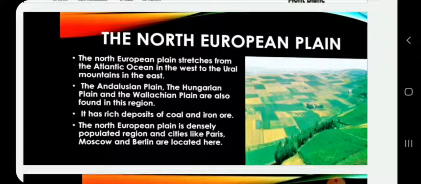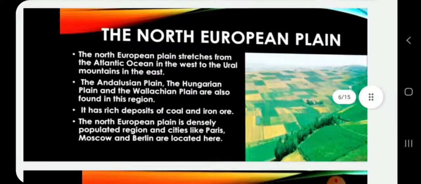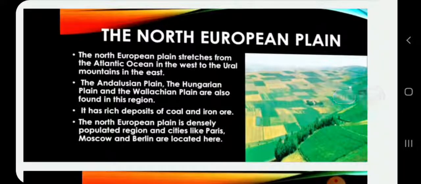Major European rivers such as the Seine, Rhine, Danube and the Don cross these regions and deposit alluvium. The Andalusian plains, the Hungarian plains and Valencian plains are also found in this region.